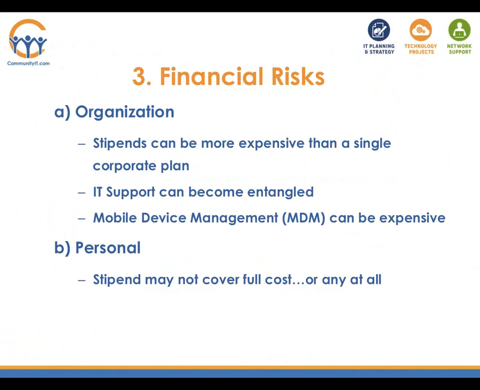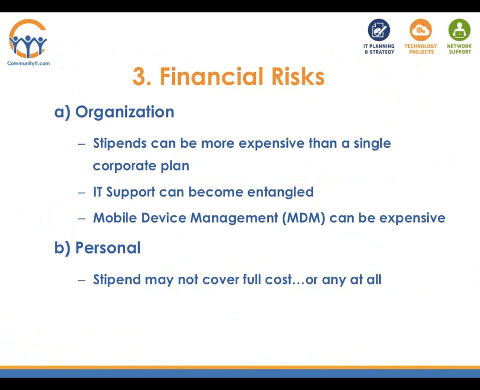So we saw that the personal legal risks are your device might get confiscated in a legal proceeding. The information security risk is your device might get wiped by the IT department if there's concerns about information compromise. And on the financial risks, you may have been getting a device from your organization. They may have been paying for the plan, and now they're moving to BYOD, and now you have to pay for everything.